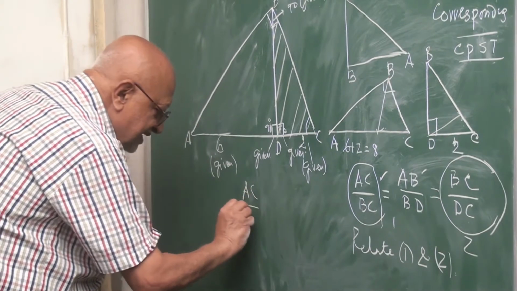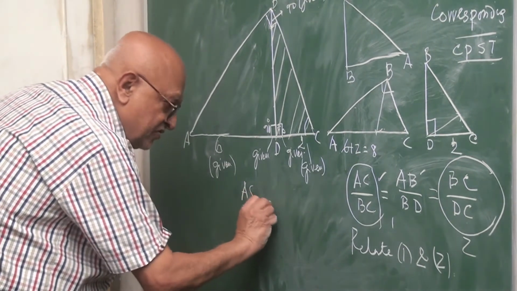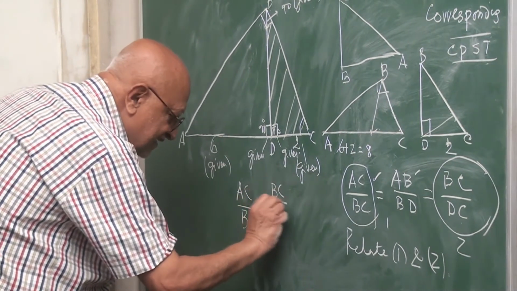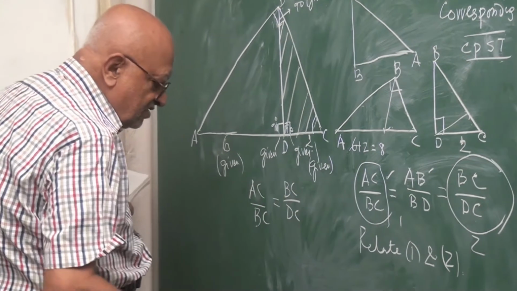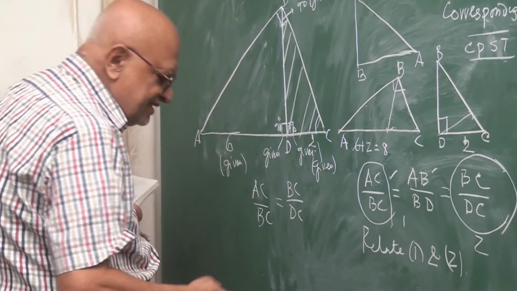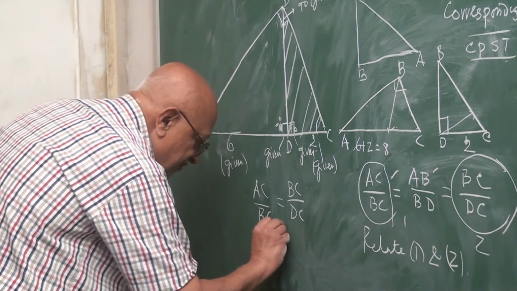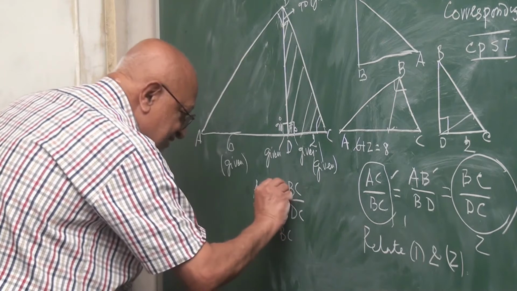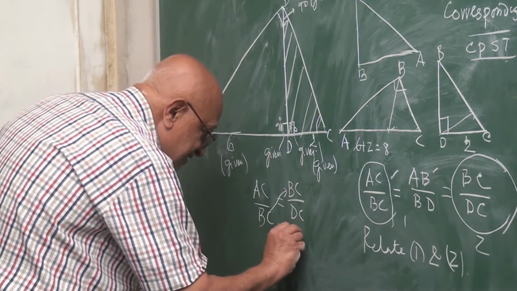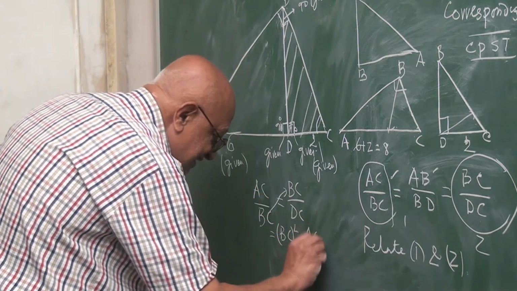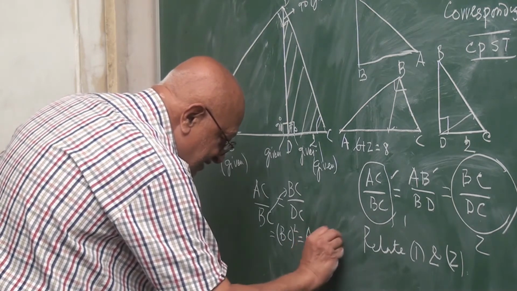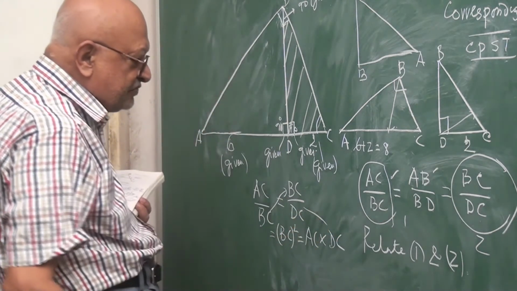AC by BC is equal to BC by DC, or you can write CD, whatever way you want to look at. That will be BC square, this and this will be cross multiplied, BC square will be AC into DC.